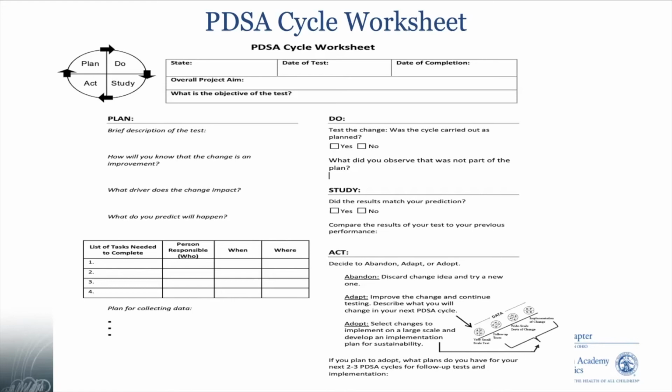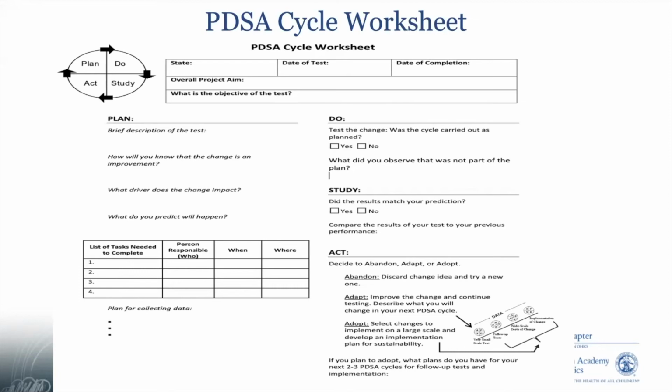And you're like, this is what we're going to do from now on. We're going to incorporate this into our workflow. More often, it's probably that middle option where you're going to adapt. Some things worked, some things didn't. You tweak it, and then you can do another PDSA cycle based on the changes that you made to that plan. So that is an overview of the PDSA cycle worksheet.